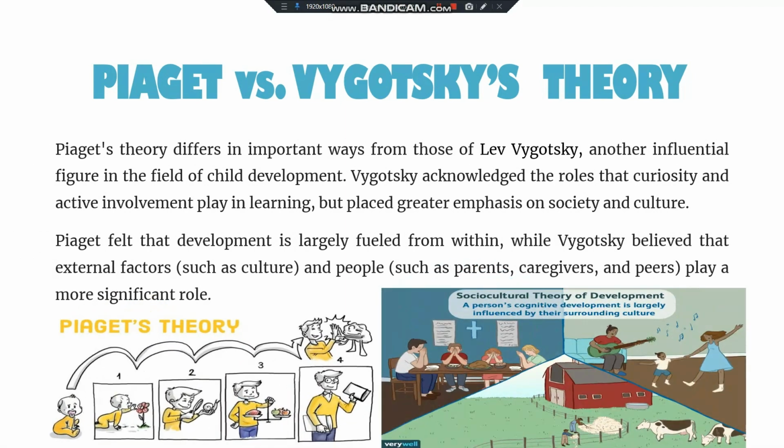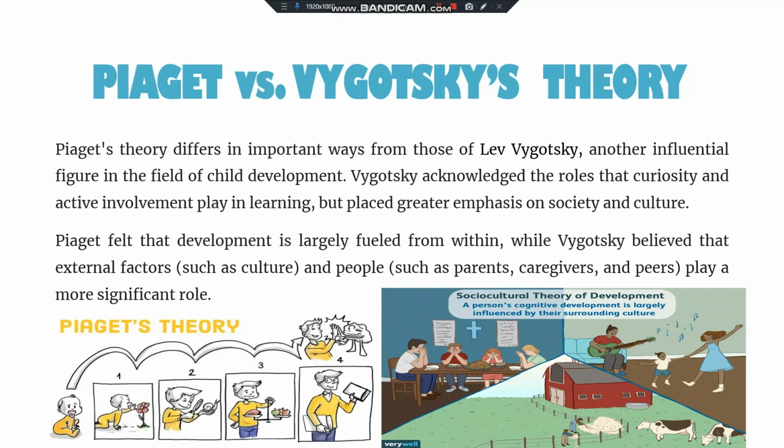So Piaget felt that development is largely fueled from within, from our mind. While Vygotsky believed that external factors such as culture and people, such as the parents, caregivers, and peers, play a more significant role. So Vygotsky's theory is all about the socio-cultural theory of development.